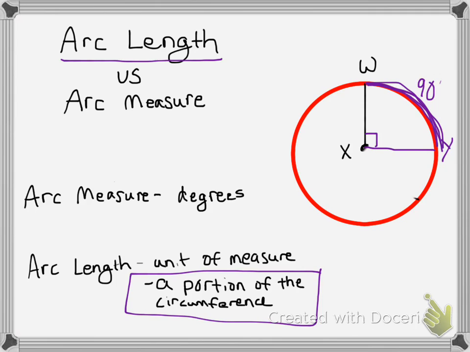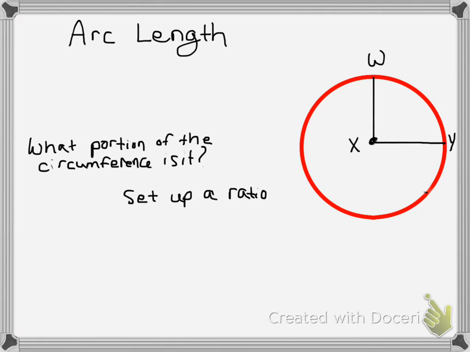So we're going to talk about how to find arc lengths. We're going to do just a brief introduction to it, and then we're going to talk about it more in class. For arc length, we've got this same circle. I've already told you that this is 90 degrees. Let's say that you know that the radius is 7.